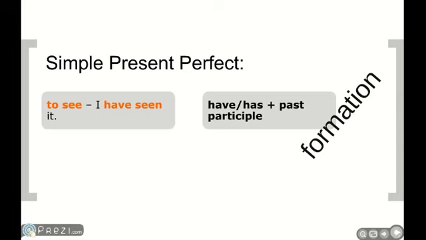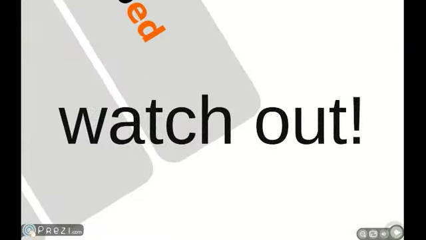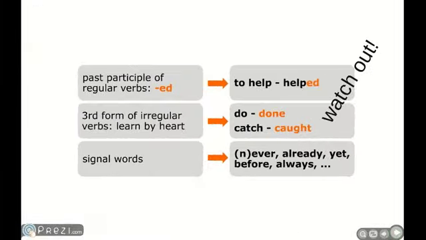So we see that have or has in the third person singular is followed by the past participle. And the past participle is actually something that you want to watch out for. It's also called the third form. So the past participle of regular verbs is easily built.